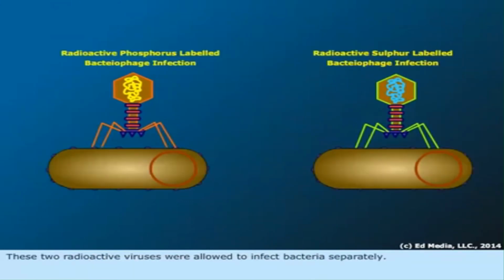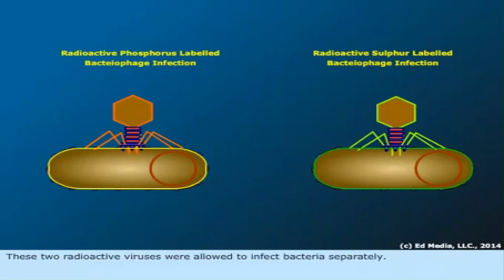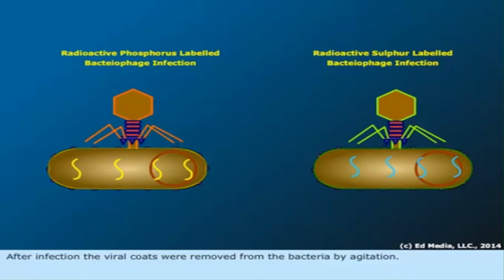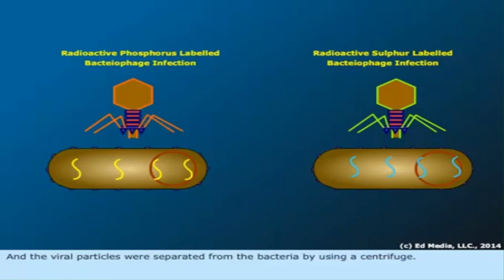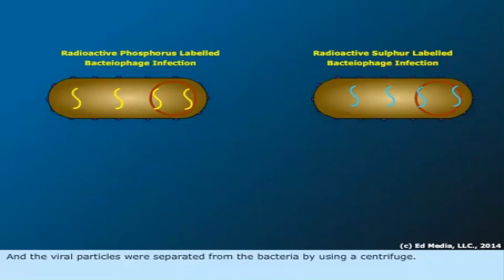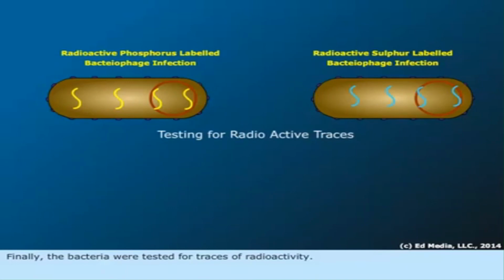In the next step, they allowed the bacteriophages to infect the E. coli cells. After infection, they insert their genetic material into the bacterial cell. After that, bacteriophages are separated from the bacterial cell wall by blending in a blender machine. In the next step, the radioactivity is detected by means of centrifugation.